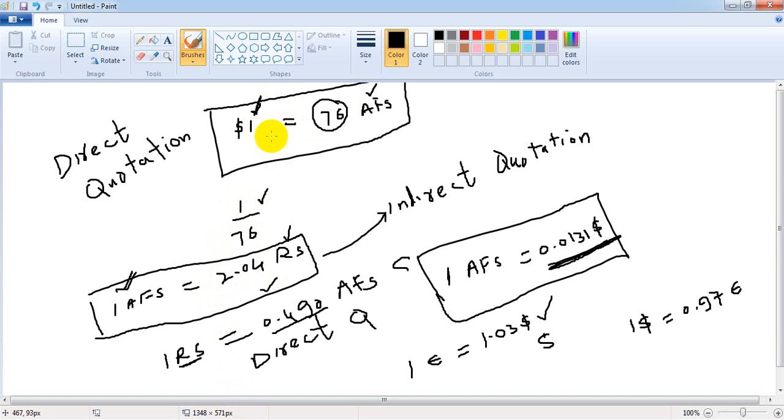Just like we did here, $1 is equal to 76, so 1 divided by 76, we got 0.0131 dollars. So this is indirect quotation.